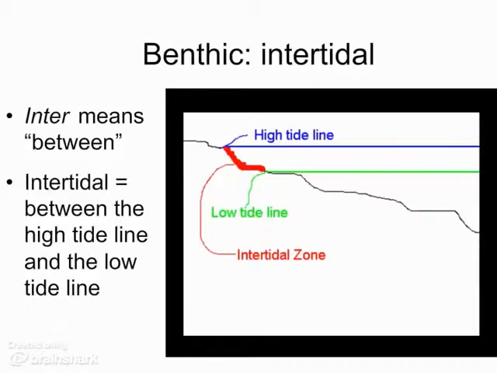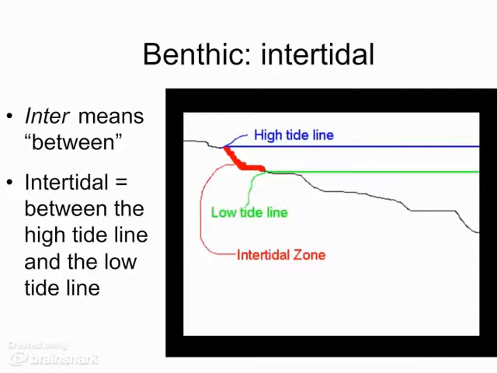Alright, so here's the first zone of the benthic environment. It's called the intertidal zone. And inter means between. Think about the interstate, which would take you between states, maybe from Georgia to Florida. That sounds good right about now. I'd like to go to the beach. So intertidal means between the tides.